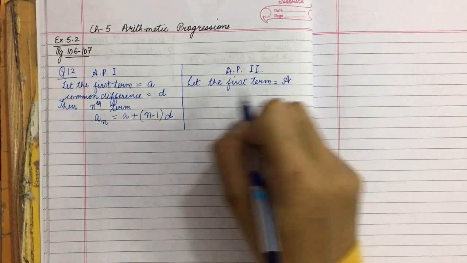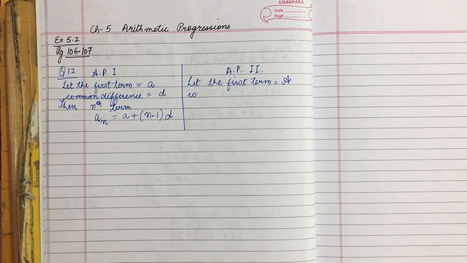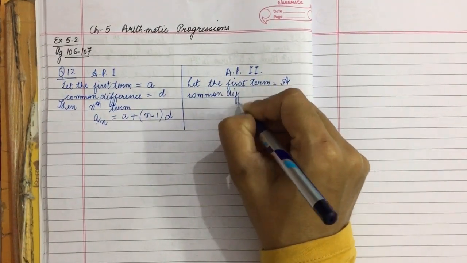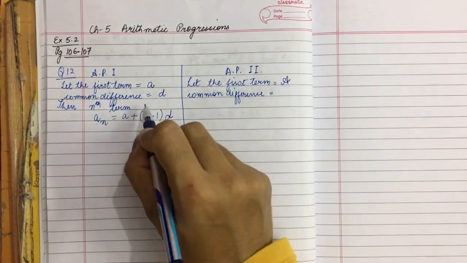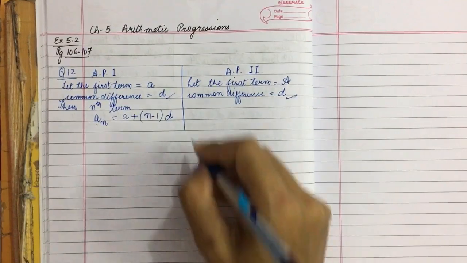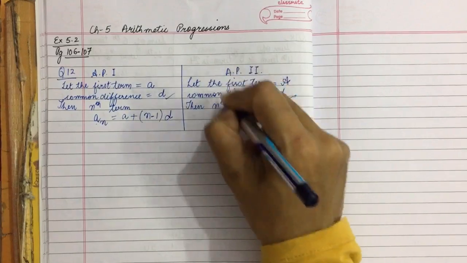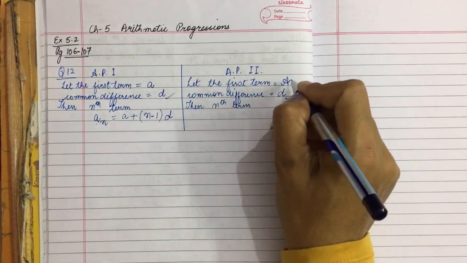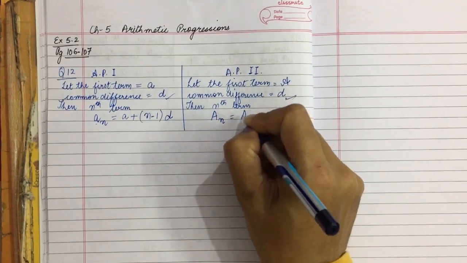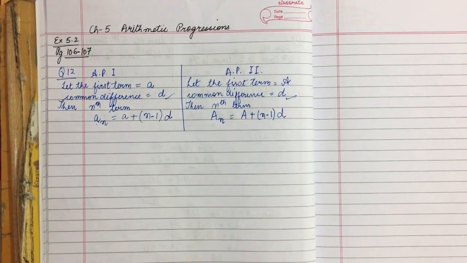I'm using a again, but capital A. We have been given that the common difference is the same, so the common difference for the second arithmetic progression will also be d. This is given to us. Writing the general term for the second arithmetic progression, it will be represented with capital A and n in the subscript. This will be the first term A plus n minus 1 multiplied with d.